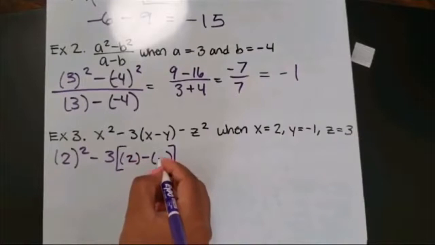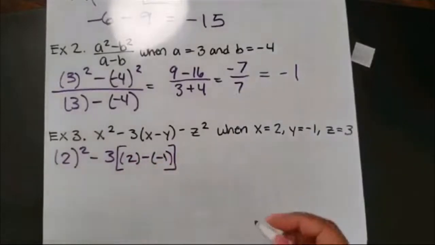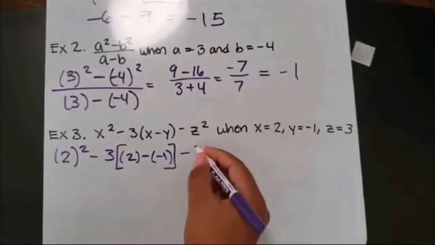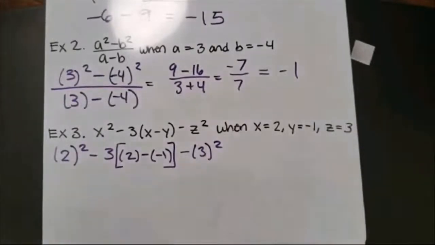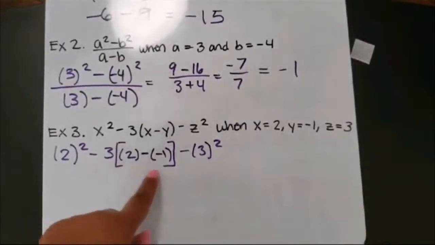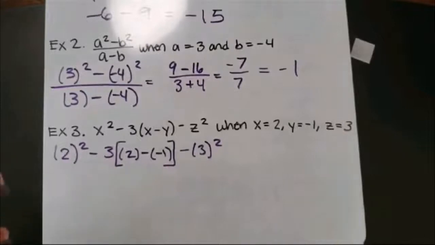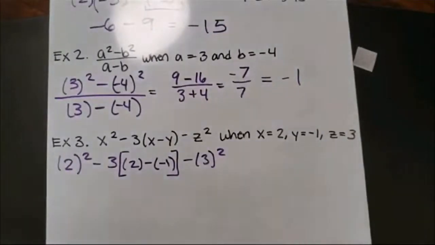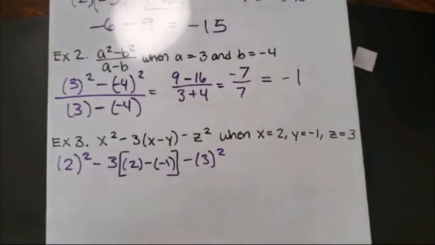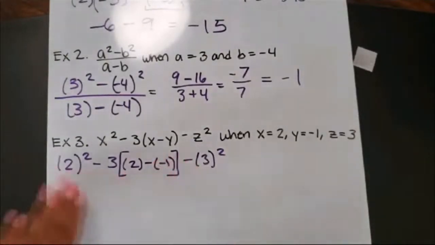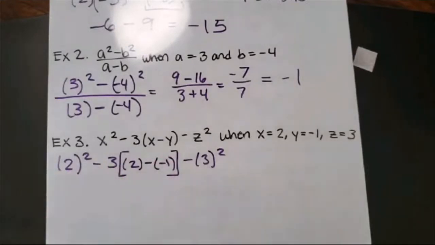So the X is 2, the Y is -1, and our Z is 3. The reason we change this into brackets is so that it looks different and we won't confuse ourselves. Now that we have everything plugged in, we make sure everything is in the right spot. Now we can do our order of operations and work it out.